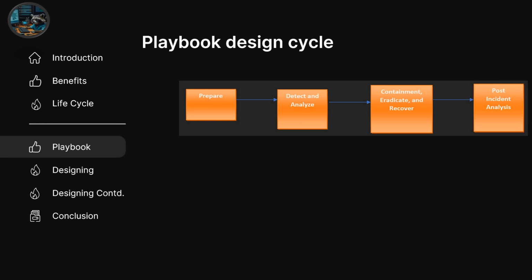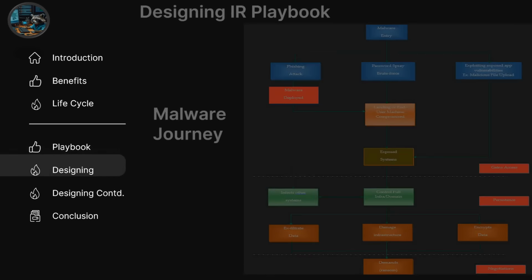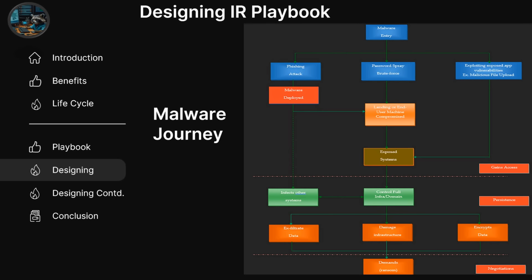So let's try to design a playbook. I have taken an example from the malware journey, that how a malware might have attacked. There must be certain steps that a malware must be performing whenever any incident or a breach has to take place. So for an example, an attacker has to send a malware. There will be possible ways of doing it.